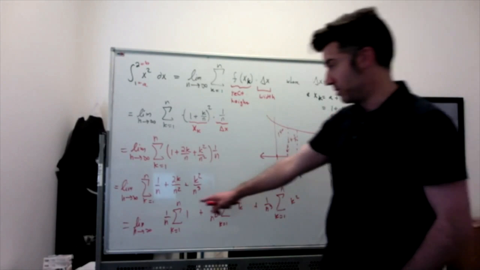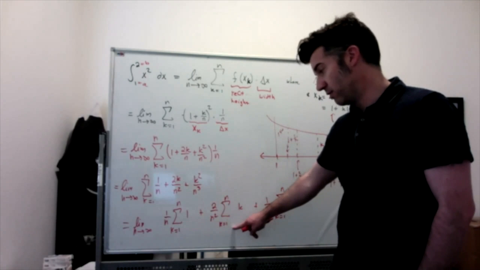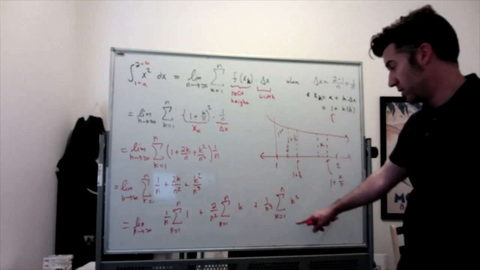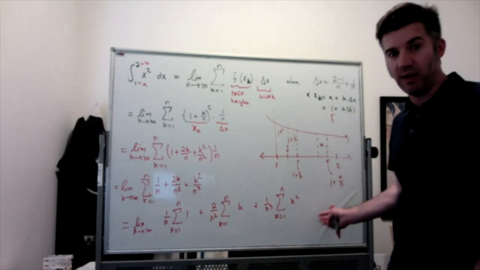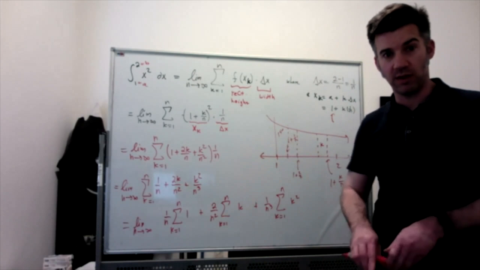Right, so I broke this up into 3 different sums: the sum of 1 over n, the sum of 2k over n squared, and the sum of k squared over n cubed. And then factor out all the things that weren't k into the front of the sum.